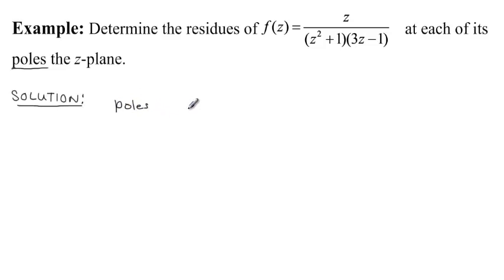We know that poles occur where the denominator of the rational function is equal to 0. Now the denominator, let's say d of z, is equal to 0.